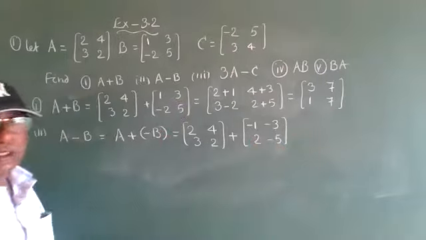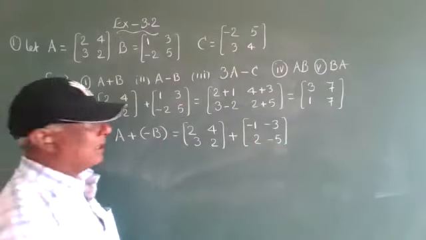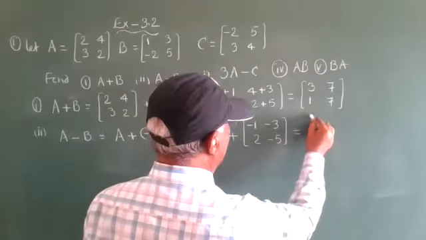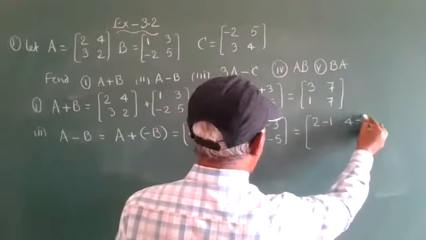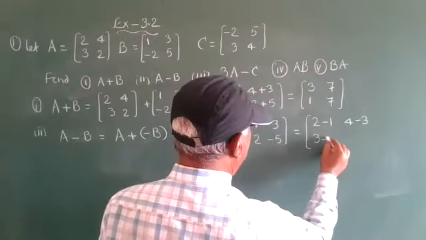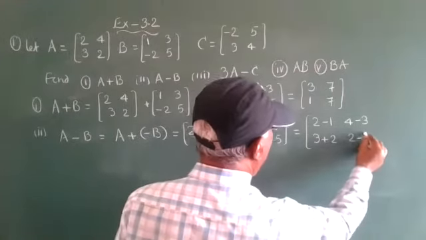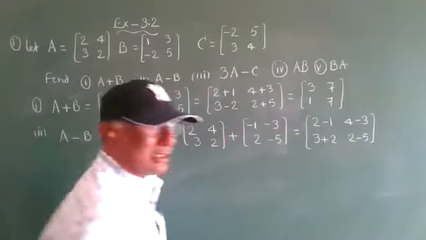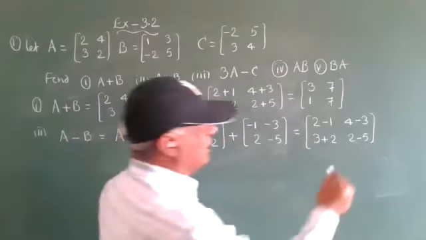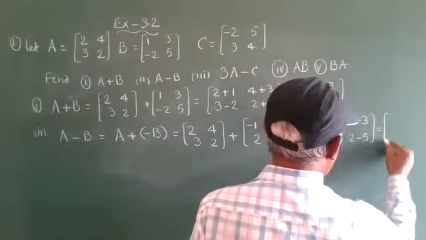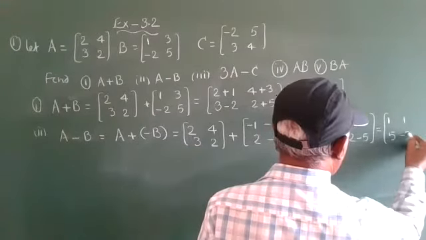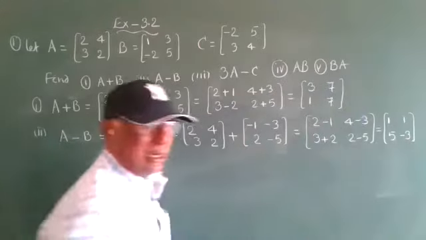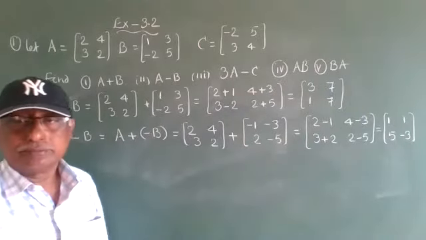Add these all up: 2 minus 1, 4 minus 3, 3 plus 2, and 2 minus 5. Simplification: 1, 1, 5, and minus 3 is the matrix. Everyone write it.